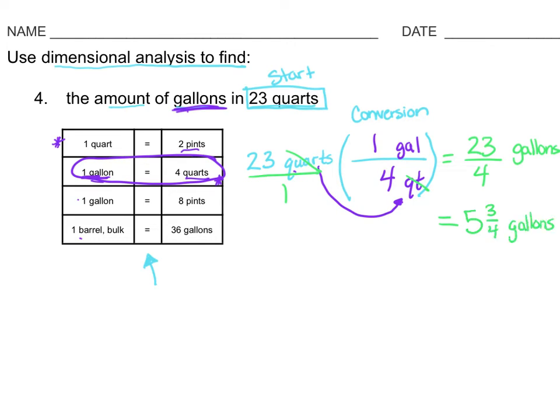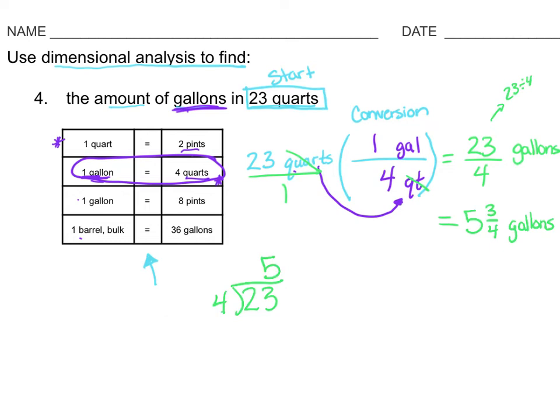Well, what you could do off to the side, this just means 23 divided by 4. So what I'm doing is I'm doing this in my head. How many times does 4 go into 23? 5 times.